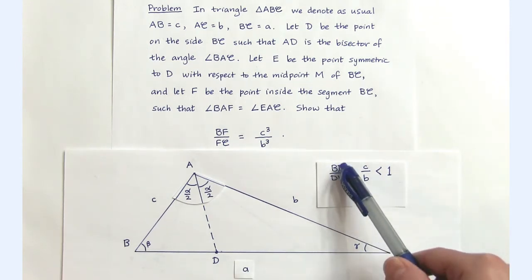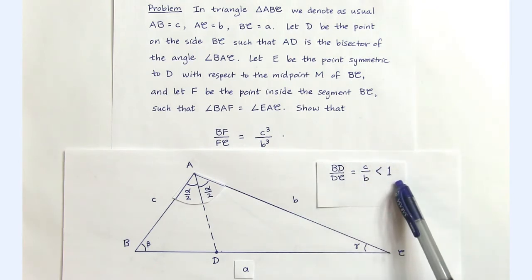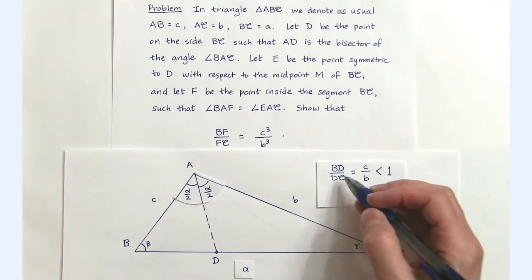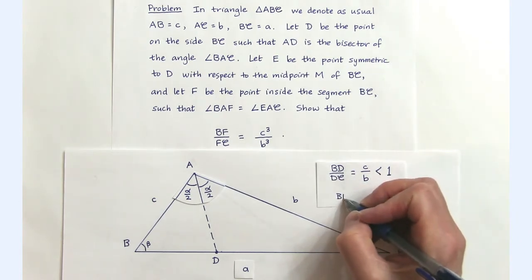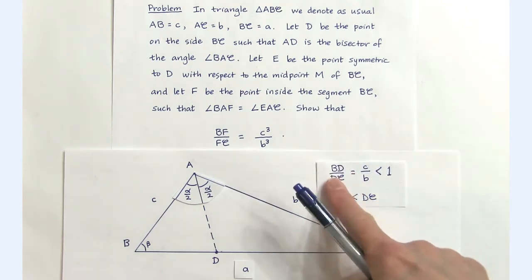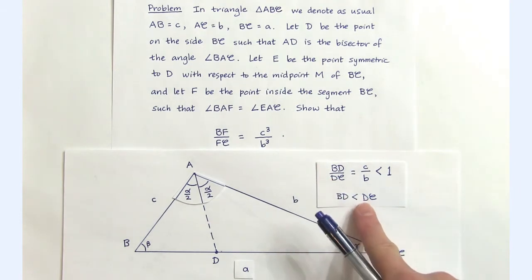then it follows that this ratio is less than 1, which means that multiplying both sides of this inequality by DC, we have that BD is the smaller length. So BD is smaller than the length DC.